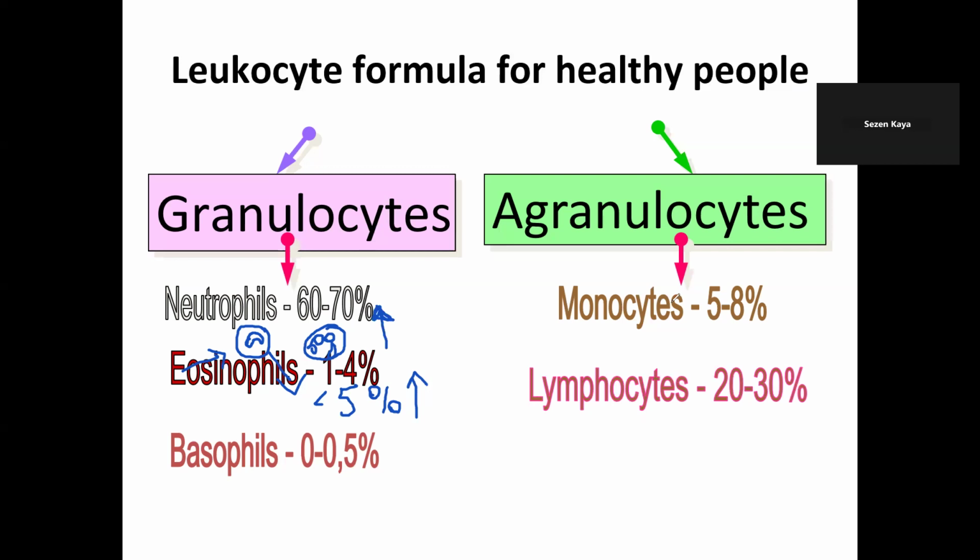Agranulocytes are monocytes and lymphocytes. Interestingly, their quantity is increased in case of viral infection. So easily we can see, if for example you have a sore throat or coughing or something else, the minimum you can do is make this leukocyte formula test.